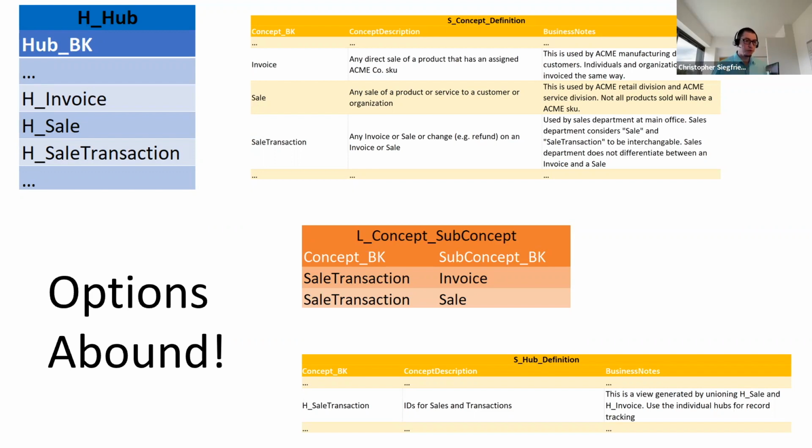And doing this, we can recognize that invoice and sale are sub concepts to the larger concept sale transaction. As much as we try not to supergroup and subgroup, we are going to find situations like this where a given part of the business does not deal with the same grain.